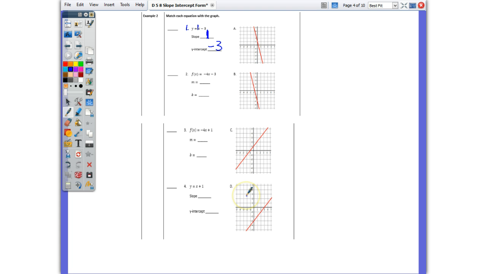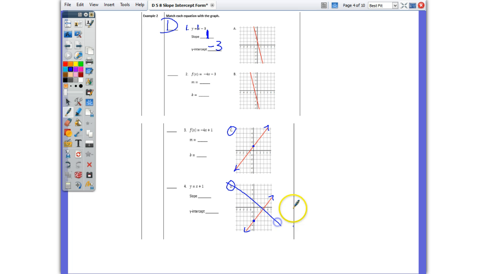C and D. Yes, it can be either C or D, because those are the two graphs that have positive slopes. So by process of elimination, we know it can't be A or B. It has to have a positive slope. Now can we tell which one of those has this y-intercept of -3? D. This one goes through the -3, doesn't it? This one goes through the 1. So it has to be D.